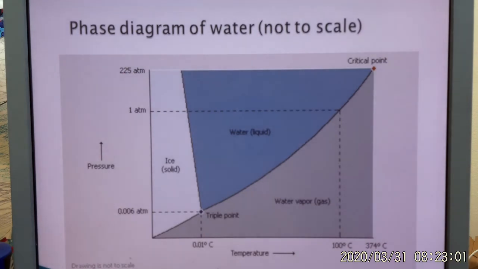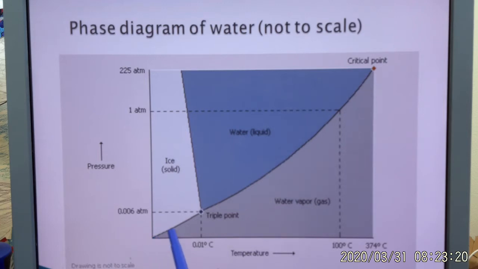Okay, so let's talk about the phase diagram of water. Okay, it's not to scale, as you can see. On my x-axis is my temperature. On the y-axis is my pressure. In this case, we're using pressure in atmospheres as my units.